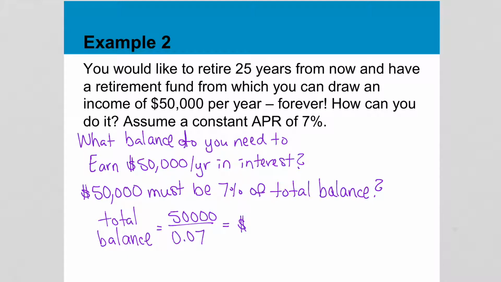So the total amount that you need in 25 years in your bank account is $714,286. We're going to round that to $715,000. So if you have a balance of $715,000, you will be able to withdraw $50,000 every year without reducing the principal.